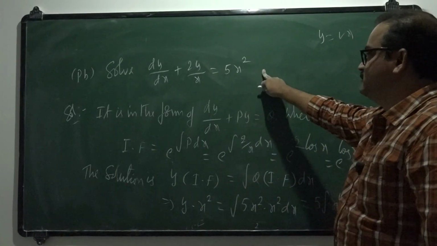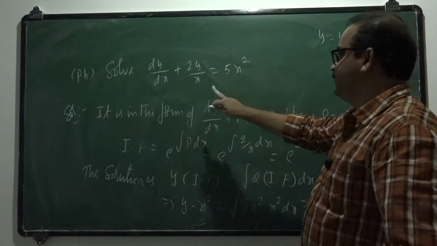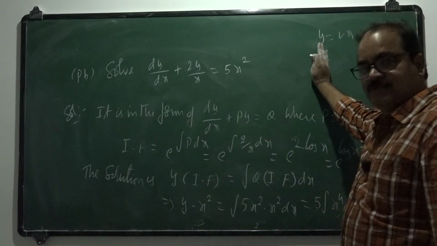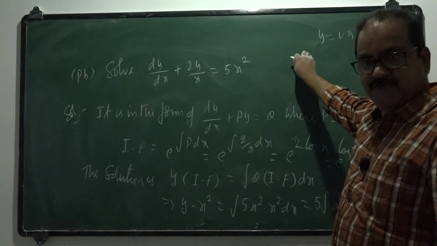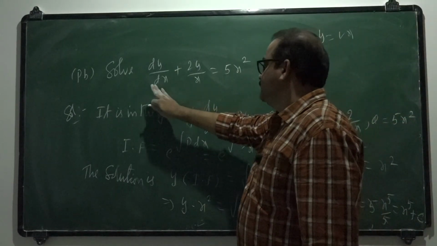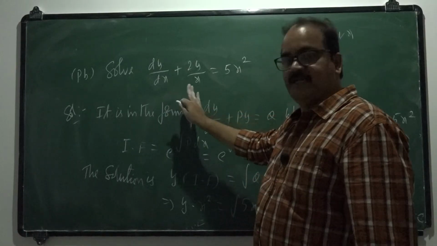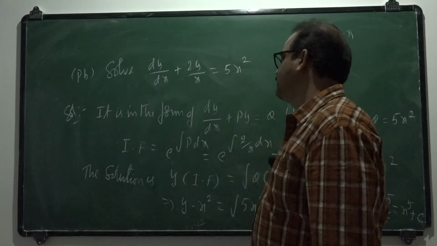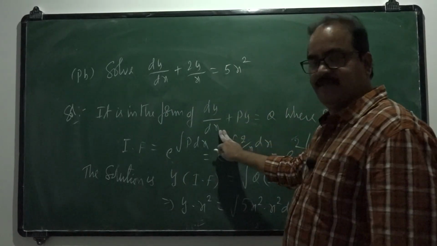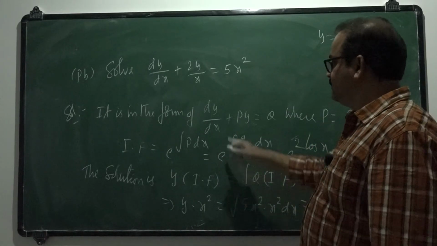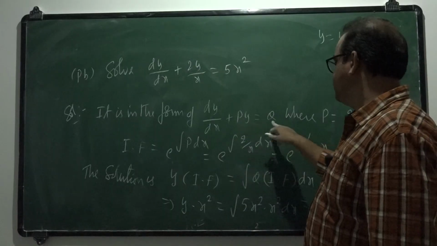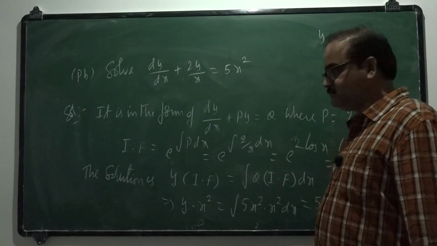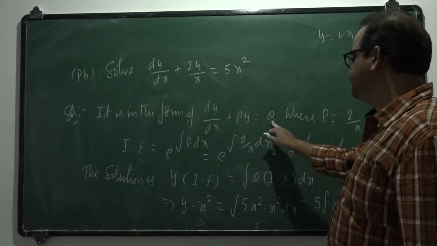This is third method, linear equation. If variables cannot be separated and it is not homogeneous equation, then we verify whether it is linear equation or not. It is said to be linear equation if it is in the form of dy by dx plus p into y is equal to q. How can we solve this equation?